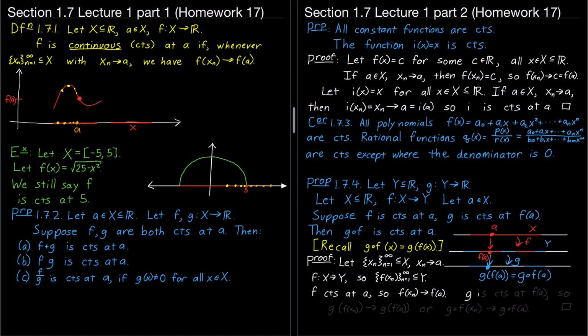And then g is continuous at f of a. So if you've got any sequence that converges to f of a, including f of xn, then g of that sequence converges to g of f of a, or g composed with f of xn converges to g composed with f of a.